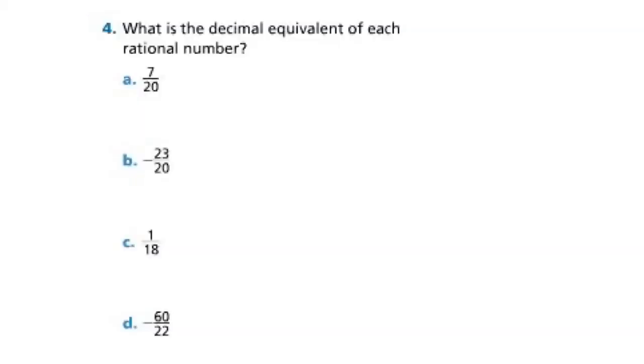On page 16 of your textbook, we're going to look at converting these 4 rational numbers into their decimal equivalent. In order to change 7/20 into a decimal, we're going to take the numerator 7 and divide it by the denominator of 20. That will get us the decimal 35/100.